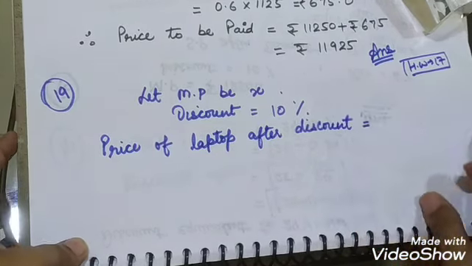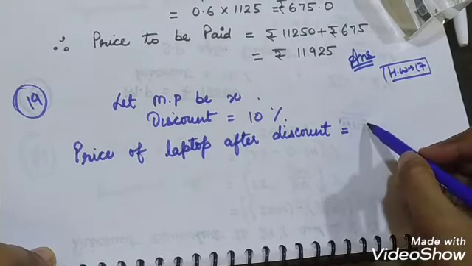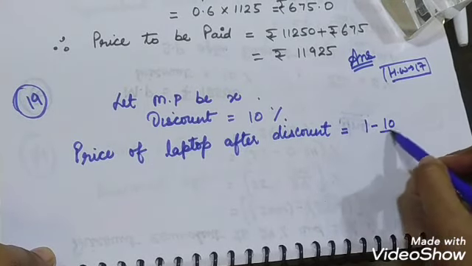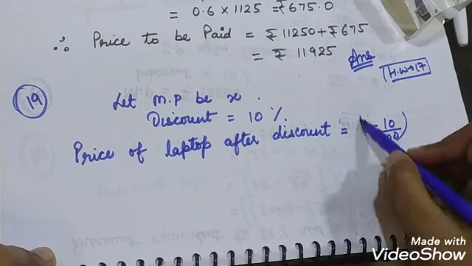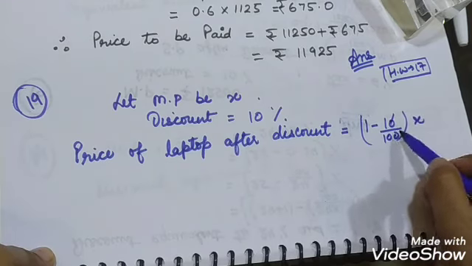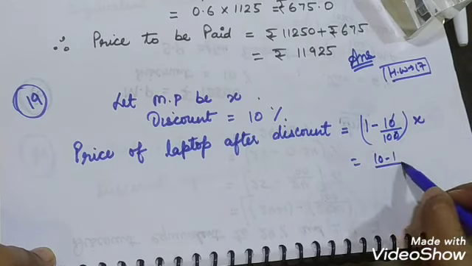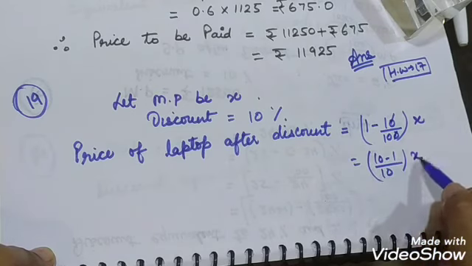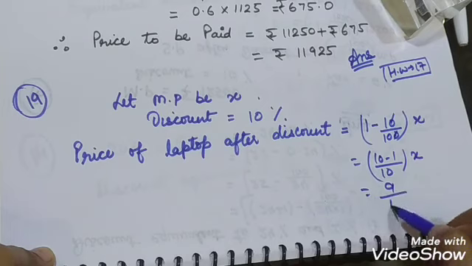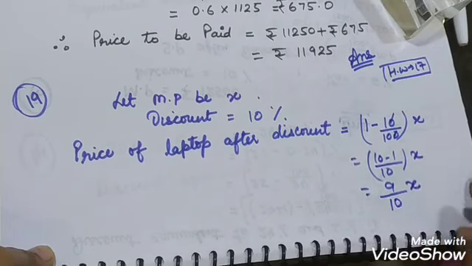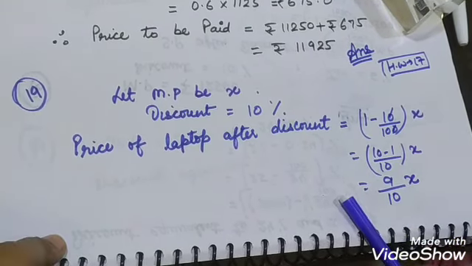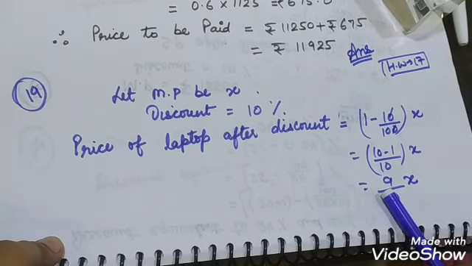Price of laptop after discount will be 1 minus discount upon 100 into marked price. So it will be 10 minus 1 upon 10 into X, which is 9 upon 10 into X. This is the price of laptop after discount.